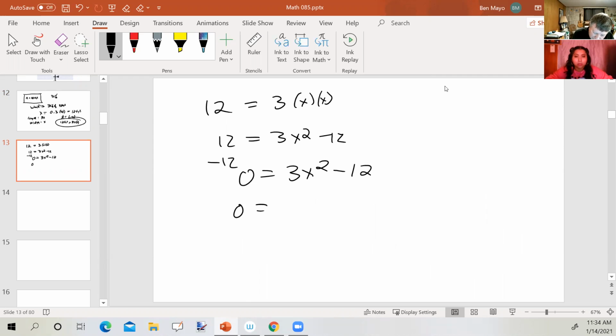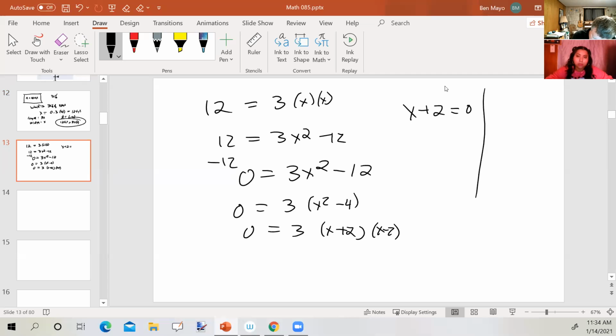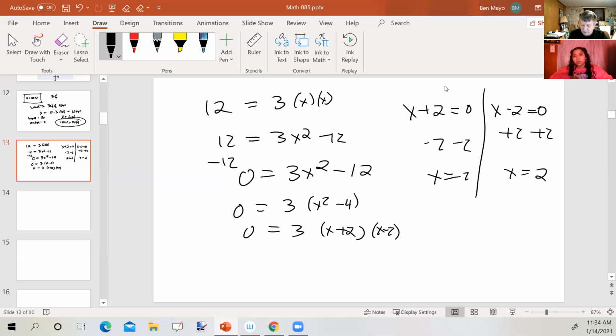I'm going to factor a 3 out, and then I'm going to use the difference of 2 squares to factor it down to that. So then I'm going to take each factor that contains a variable, set it equal to 0, and solve it. Subtract 2, x is negative 2, add 2, x is 2.